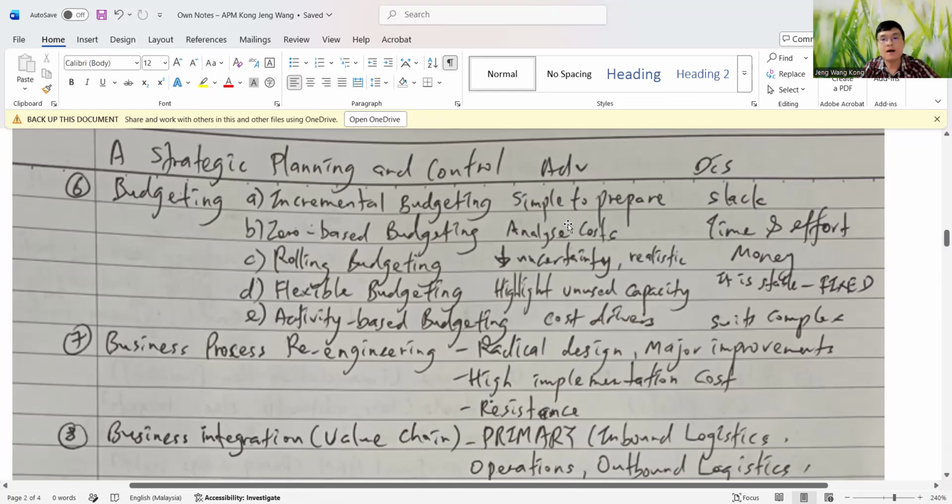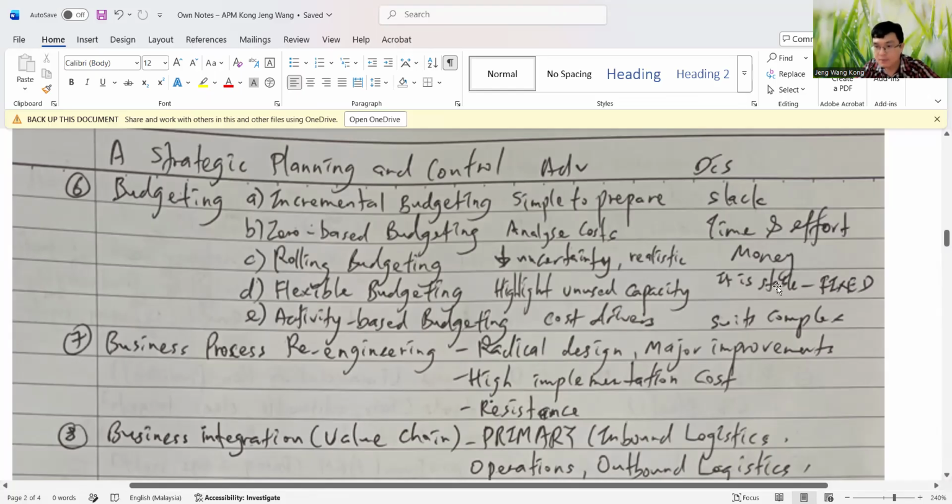Zero-based budgeting analyzes costs from the start, but it will involve time and effort, a disadvantage. Rolling budgets will reduce uncertainty and are realistic, however they involve money if the company chooses rolling budgeting. Flexible budgeting highlights unusual capacity.